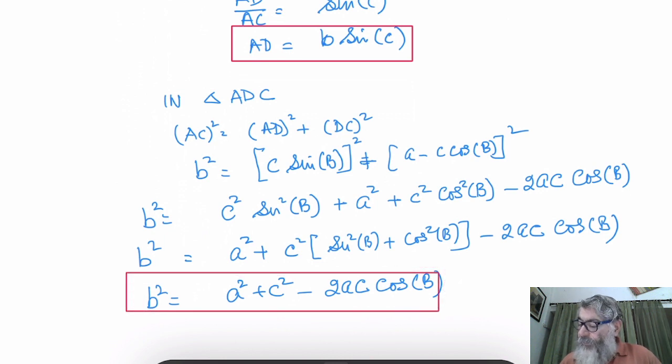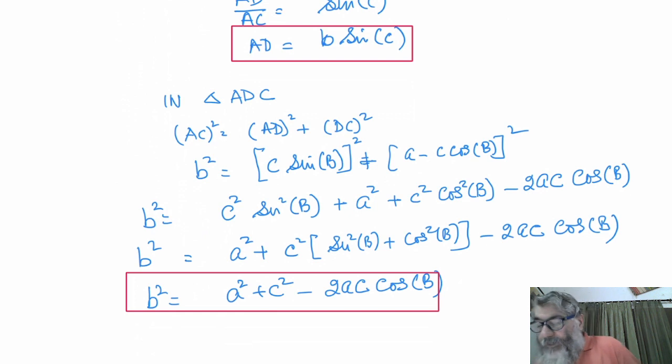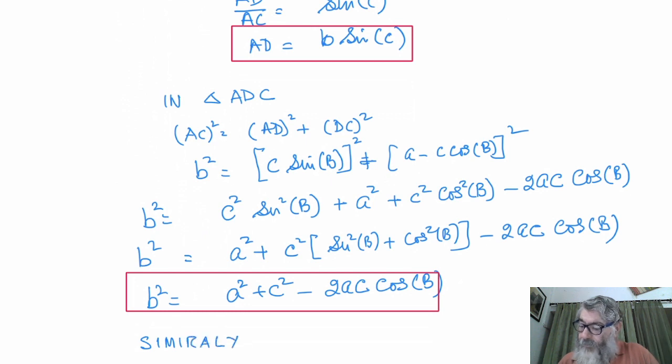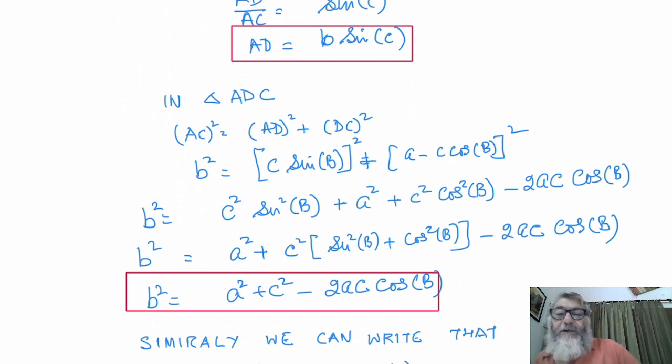Now on the same basis, similarly, we can write that A square will be equal to B square plus C square minus 2BC into cos A. When on the left hand side is A, on the right hand side angle is cos A, that you have to remember.